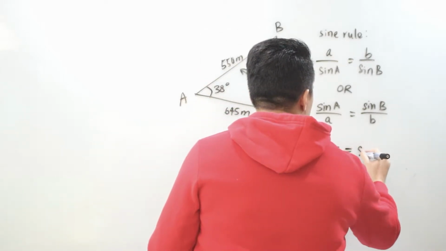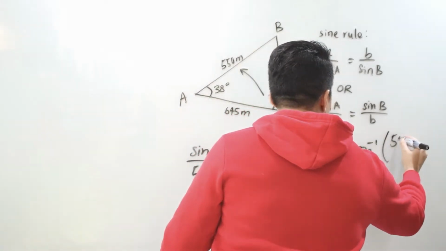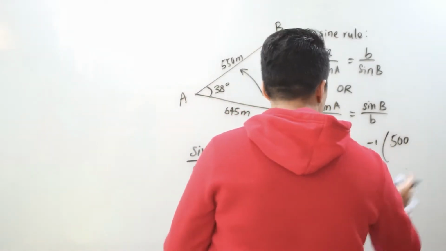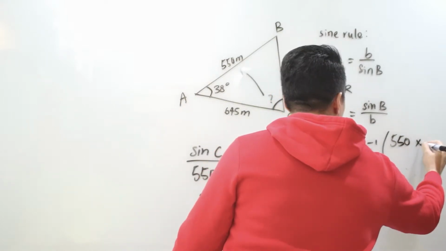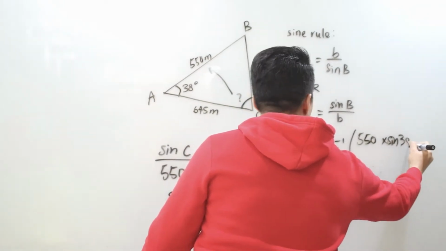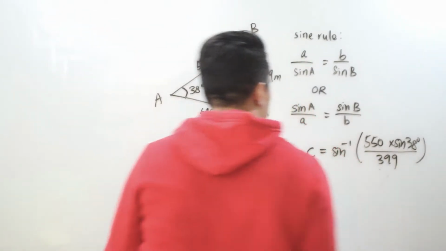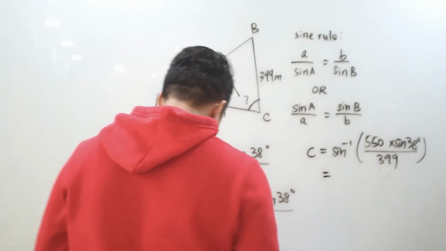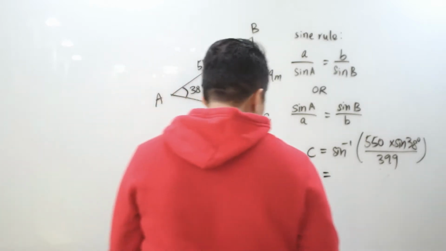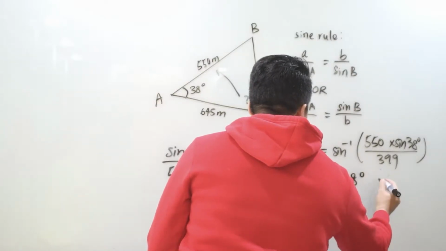C will be equal to sine inverse of the entire value, the one that I have written earlier. And key into your calculator, you should get a value of 58 degrees.